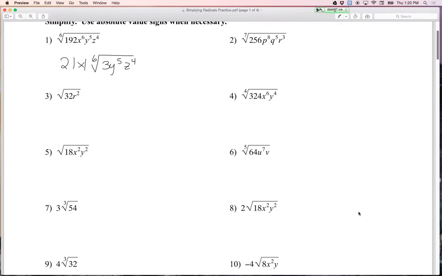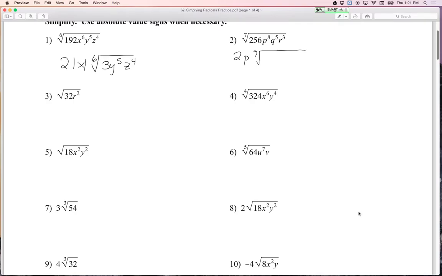Okay, next one, 7th root of 256. Who thinks they have this one? Okay, go ahead, Nick. 2p to the 7th root of 2q to the 2r. And should there be absolute values? Why not? Because 7 is not even.